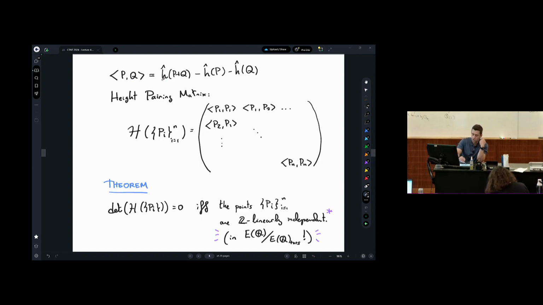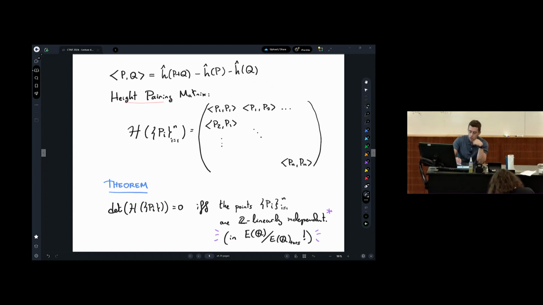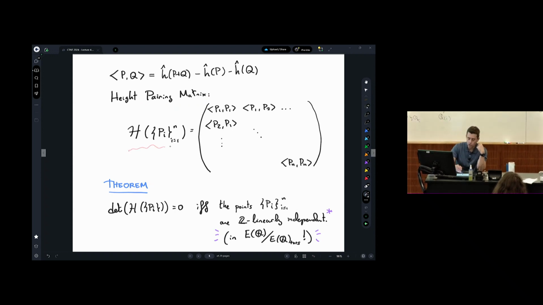So this is a standard construction when you have one of these pairings given by a non-degenerate bilinear form. You construct the pairing matrix, and this is what I'm going to do. So if I have a sequence of points on my elliptic curve, P1 through Pn, I'm going to construct the height pairing matrix.